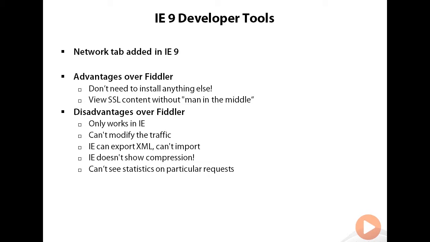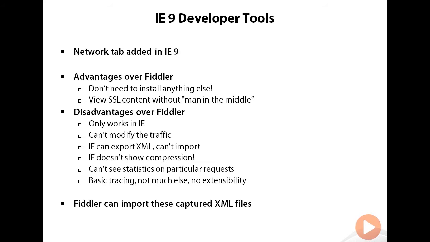So I can pick any 4 or 5 or all of the requests, and I can see a chart by type, size, how many requests were made. That's not something you can do in IE9 developer tools. It's really basic tracing, not much else, and there's really no extensibility point. As we talk about extensibility later, you'll see some advantages that Fiddler has. IE is just basic tracing, and that's really about it.